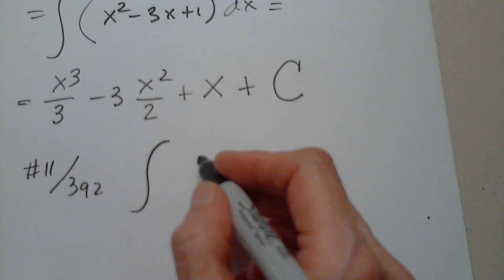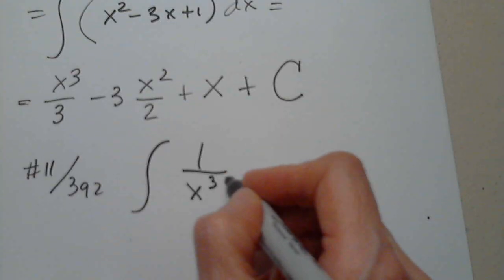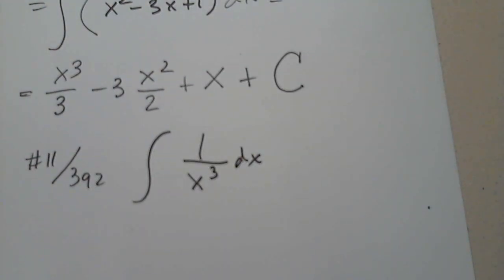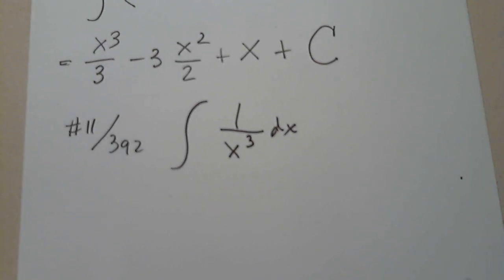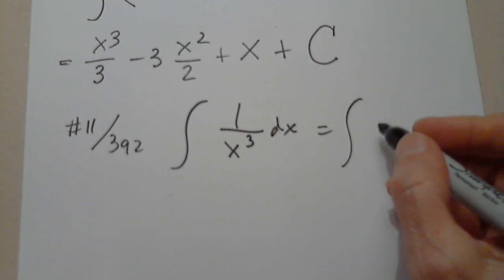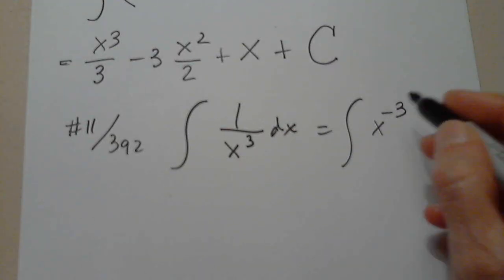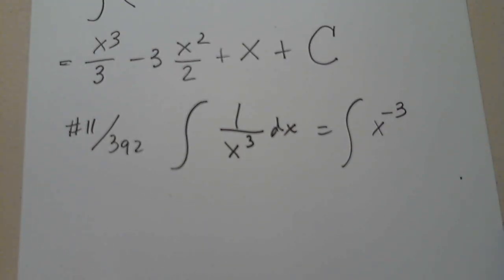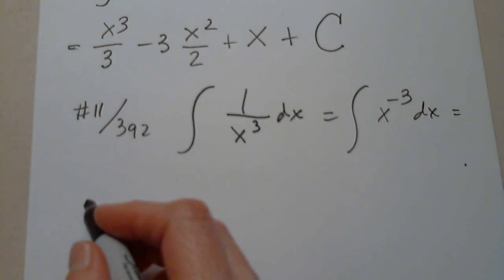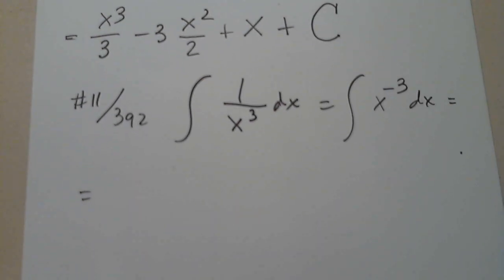So the indefinite integral of 1 over x to the third dx. Of course, I will rewrite this function from 1 over x cubed into x to the negative 3 dx. And I will use the exact same formula. What formula?